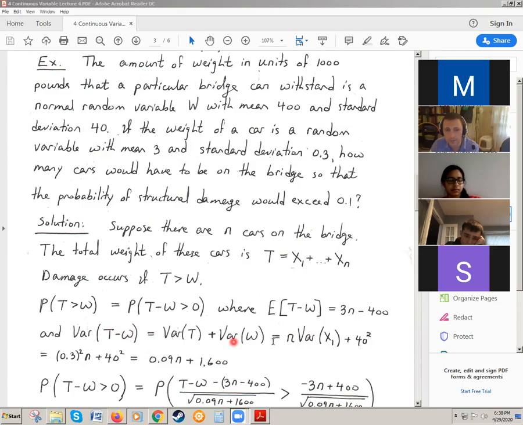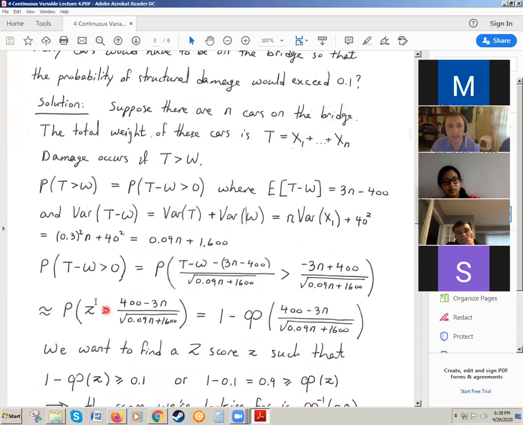So the variance of T minus W is 0.3 squared times n plus 40 squared, which is 0.09n plus 1600. Clear? Wonderful.